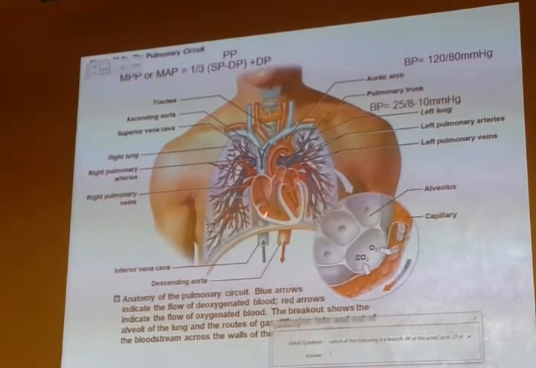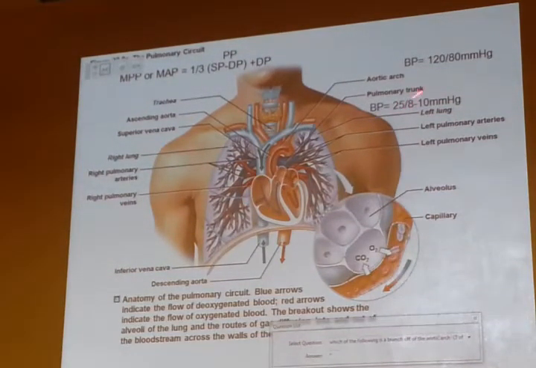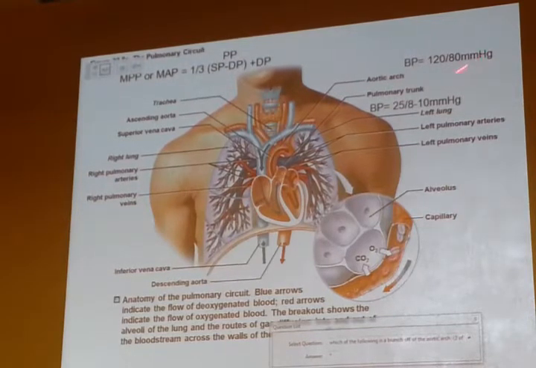The right heart generally has to get up to around 25. And then diastolic, it would be somewhere around 8 to 10 millimeters of mercury. And the units are always mm for millimeters, and Hg stands for mercury, millimeters of mercury.